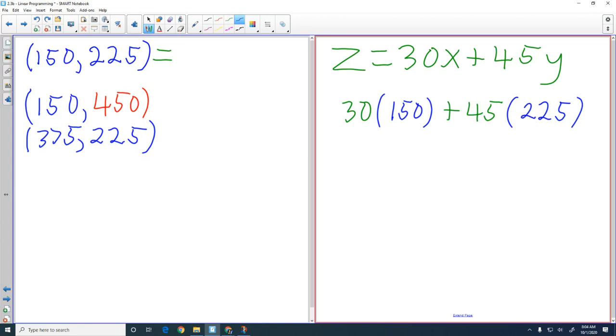All right, everyone, calculators out, because you're going to be doing this on your own. You can multiply those by hand for sure, but it's just going to be a lot easier. So 30 times 150 plus 45 times 225. And then we get an answer.